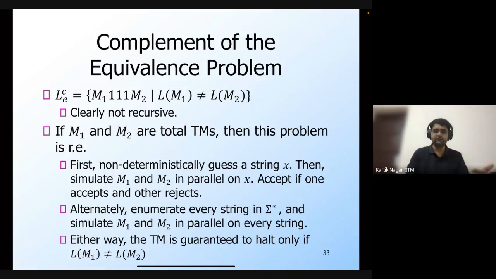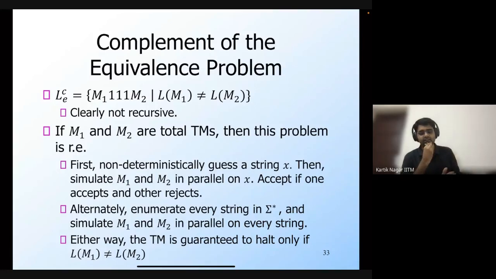Since M1 and M2 are total, after some finite number of steps it is guaranteed that both of them will halt. And if one of them accepts and the other one rejects, then this machine is going to accept.